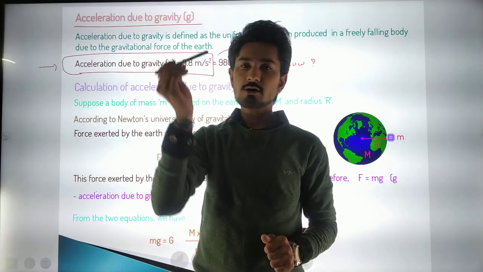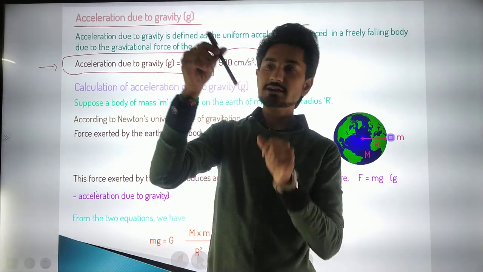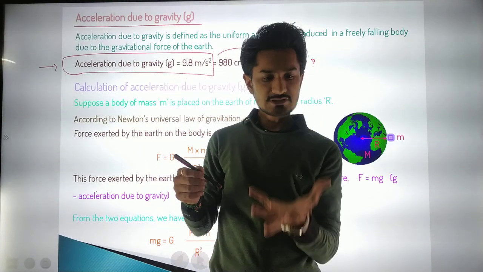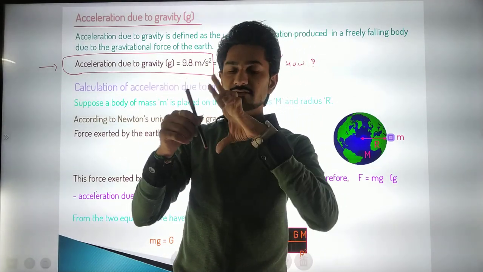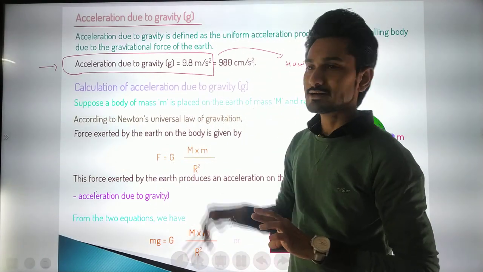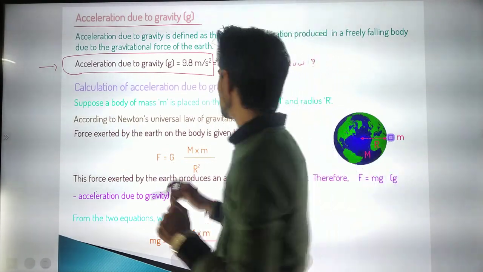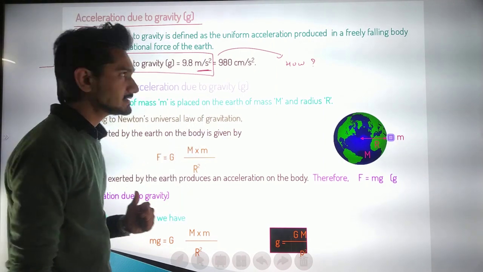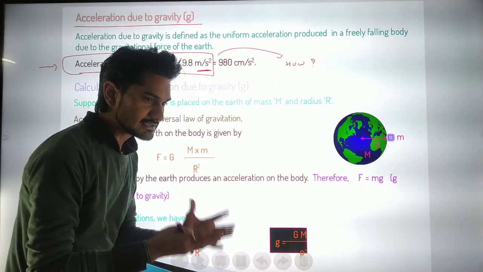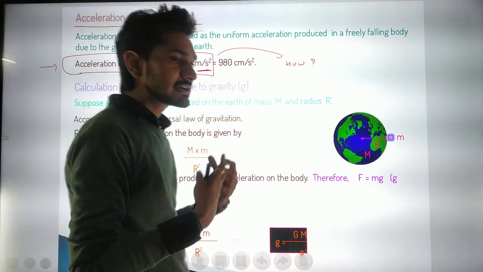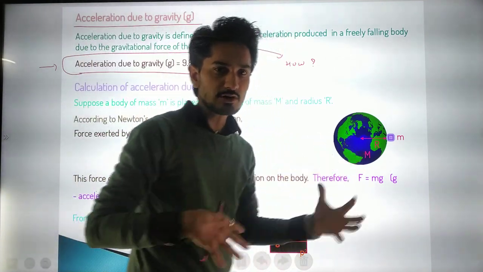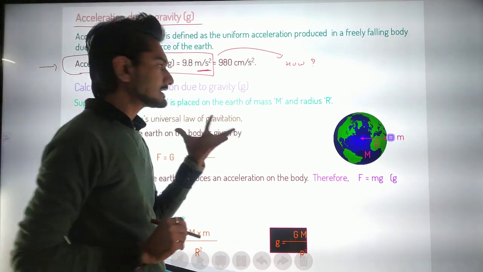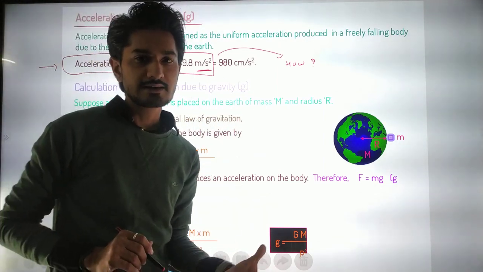Whatever acceleration the object experiences due to this gravitational force, the value is considered to be 9.8 meter per second square, because we have seen that meter per second square is the unit of acceleration. So the acceleration felt due to the gravitational force of the earth is considered as gravity, or we can say the acceleration due to gravity.